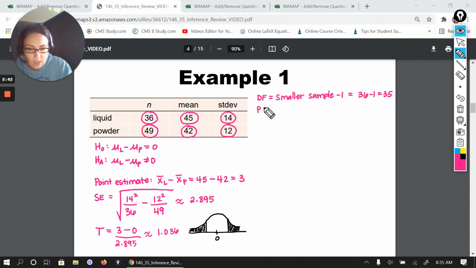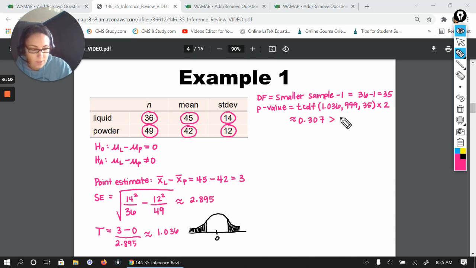So we can calculate the p-value using the tcdf command, and we would have 1.036, 999, 35, and we do multiply this by 2 because we want both tails. And so this gives us an answer of approximately 0.307.